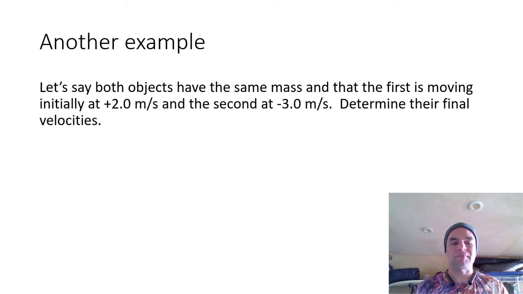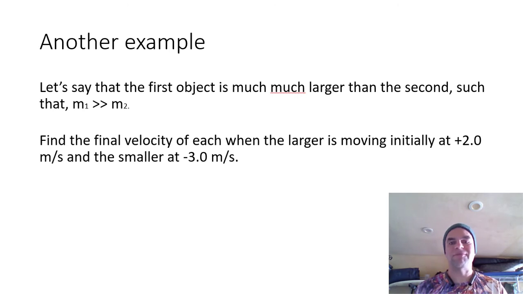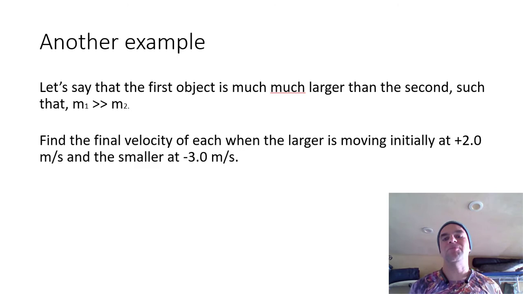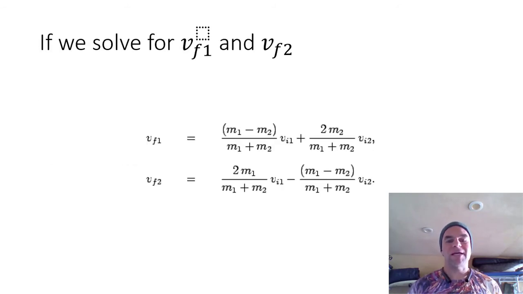There is a problem that does involve an elastic collision on the homework, and that's where a ball hits into a moving car, where a moving car has a much, much larger mass than the ball. And if you assume that, then these equations actually can become simpler. If m1 is much, much larger than m2, then you can get rid of this m2 over here and this m2 over here.